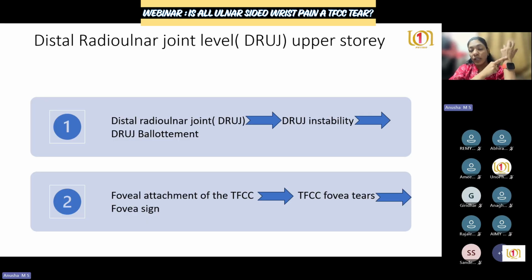Most commonly the DRUJ gets into instability. If DRUJ instability is there, we check the DRUJ Ballottement test. If the test is positive, we can conclude it can be a DRUJ problem. And if we do the TFCC fovea test, or fovea sign, and the patient shows positive, then we can identify the case as a foveal attachment TFCC tear. Hope this is clear. So how are we going to do the test?